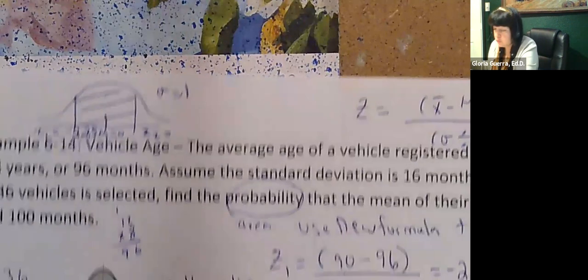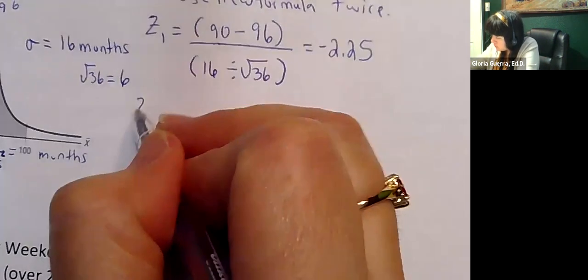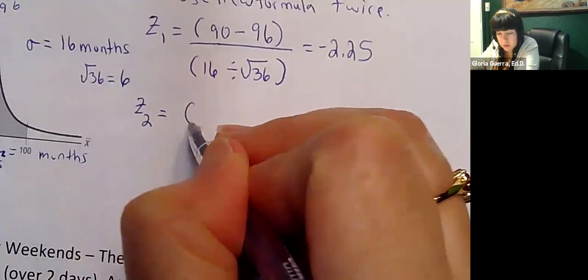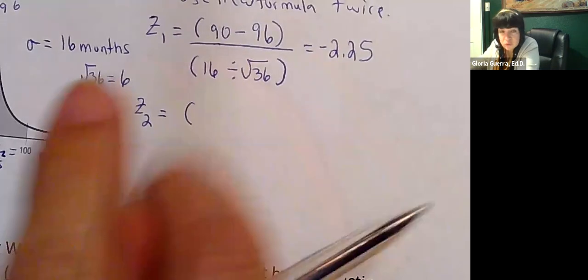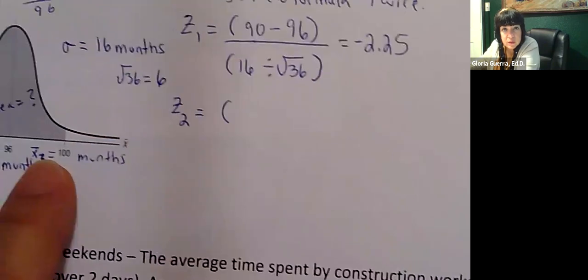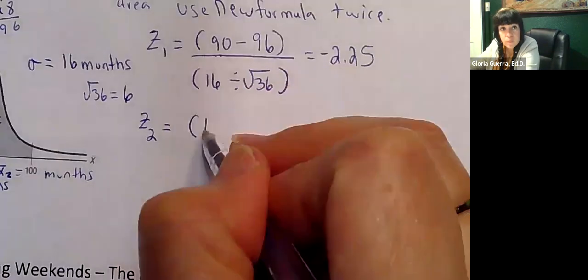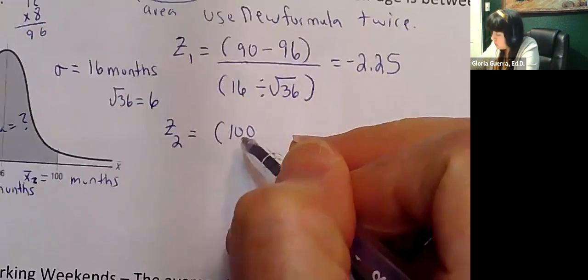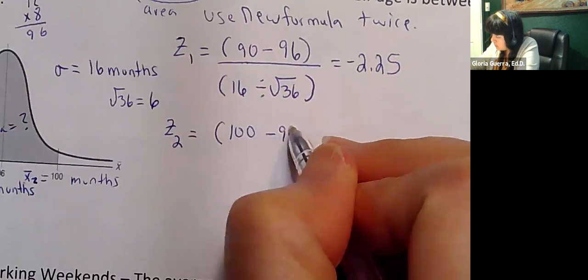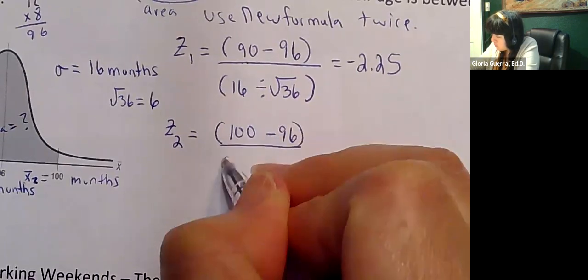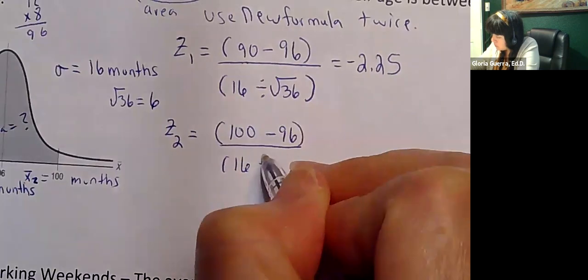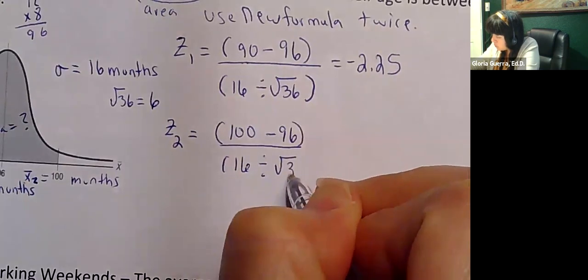Now let's find the other one, z sub 2. The x sub 2 right here is 100. So 100 minus 96, divided by 16 divided by the square root of 36, which we know to be 6.